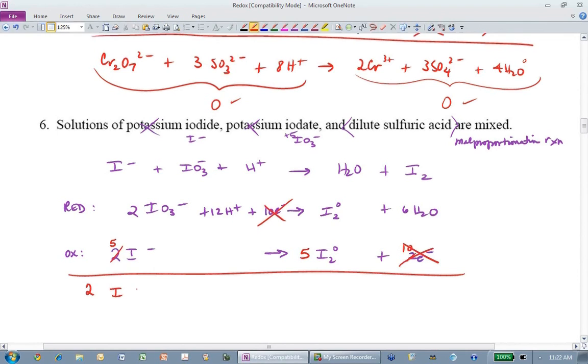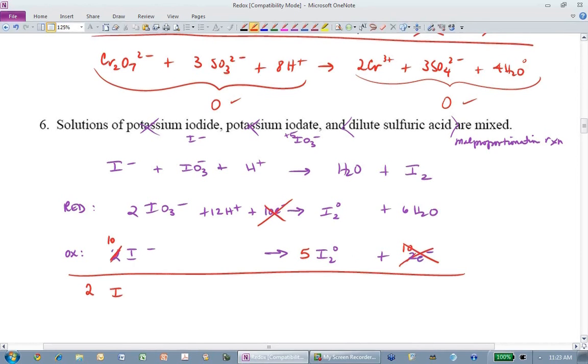So I get 2 IO3. What happened? Oh, 5 times 2 is 10. Maybe something wasn't right there, right? 5, 5, 5. I didn't multiply properly.